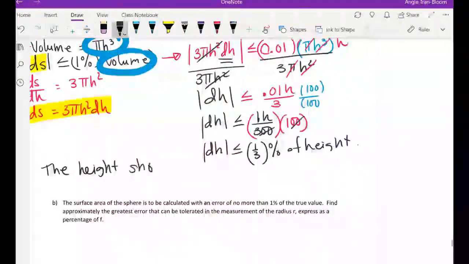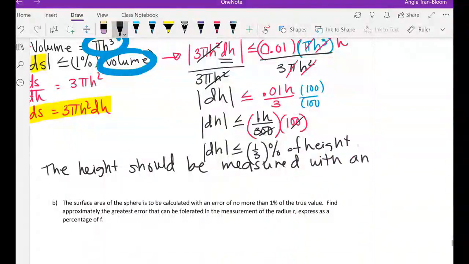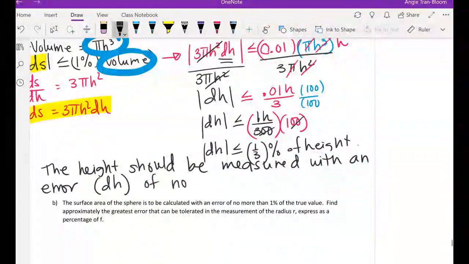should be measured with an error, which is, remember, dh is the error for height, of no more than 1/3 of a percent.